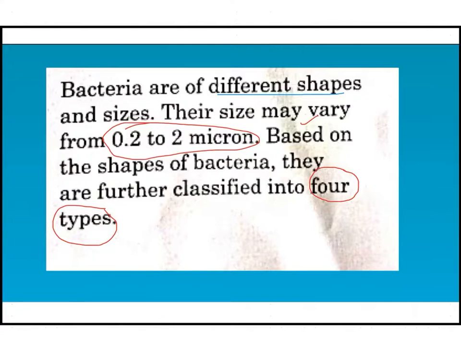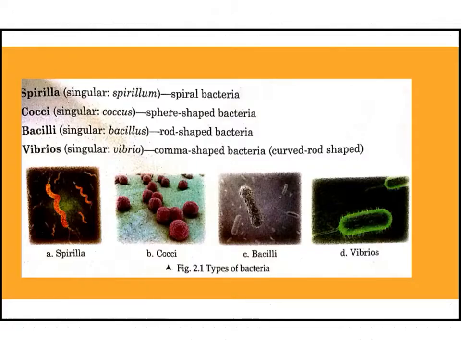Let's talk about the different types of bacteria. As I told you, there are 4 types depending upon the shape. The first is the spiral bacteria, and the spiral bacteria are called spirilla. What do we call them? Spirilla.